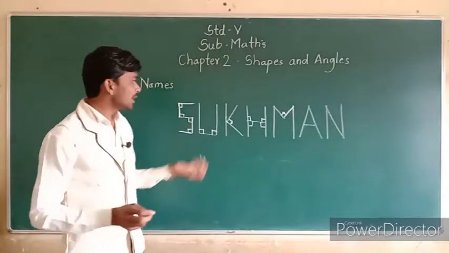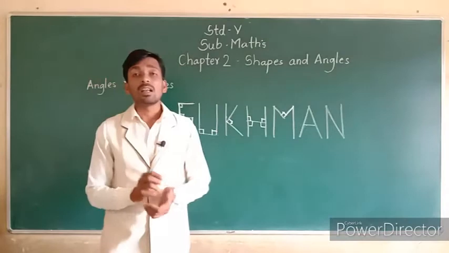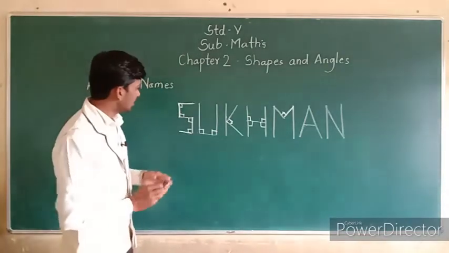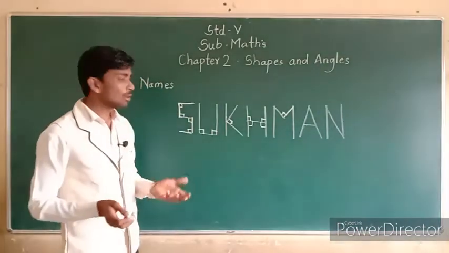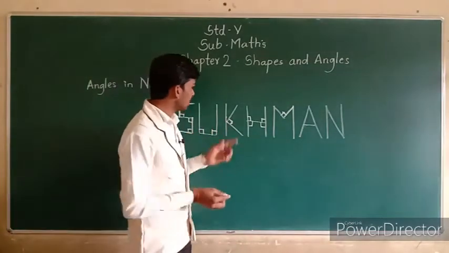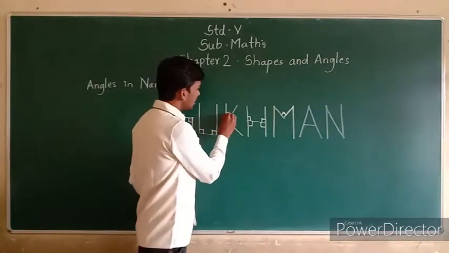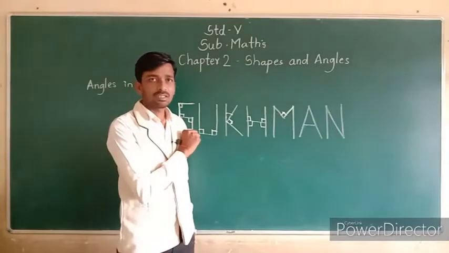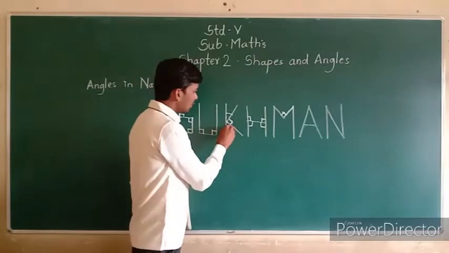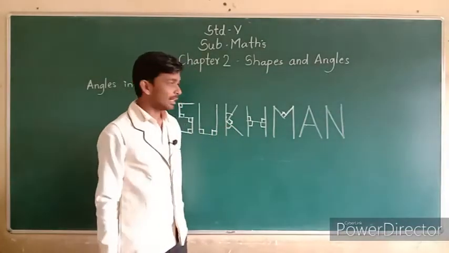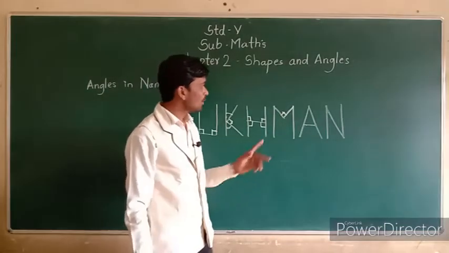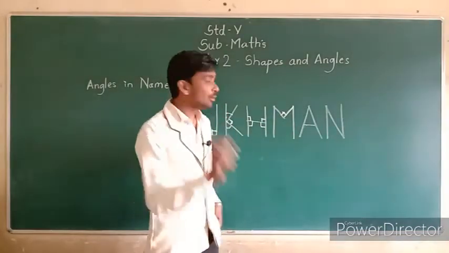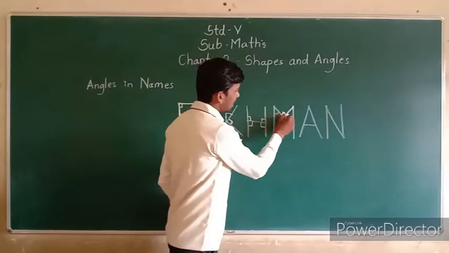Okay, and next we have to see less than right angles. Where do we have to see in this? Yes, no. U also no. Here in that K, this is a less than right angle. This is less than right. This is also a less than right angle. In H, no. In M, there are 2. See, this one and this one.